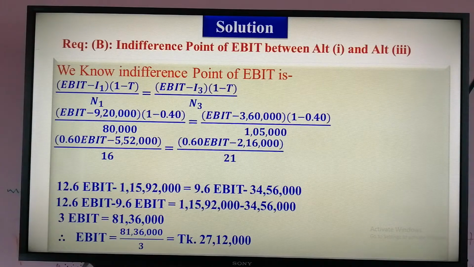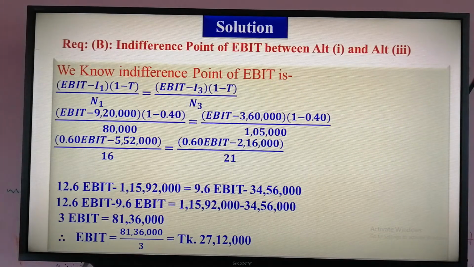The requirement 2 says indifference point of EBIT between alternative 1 and 2. It may be 1 and 3, it may be 2 and 3. Here, for alternatives 1 and 3, you have to find the indifference point. The indifference point of EBIT is the EBIT which makes the EPS equal for these alternatives.